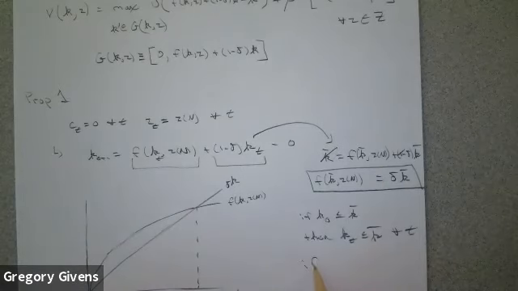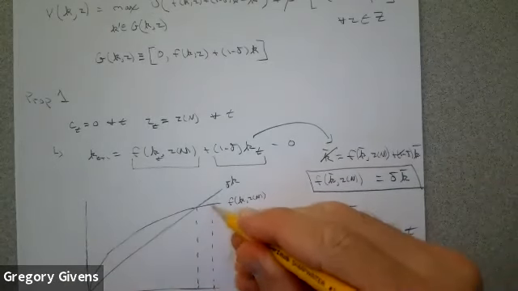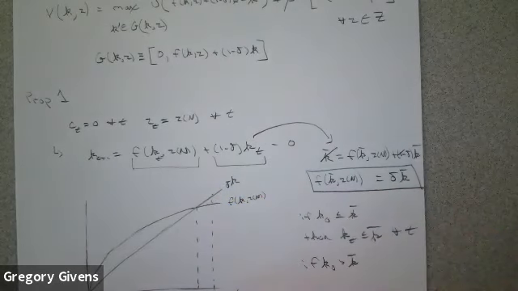But what happens if initial capital is actually bigger than K bar? If initial capital is way over here, then depreciation will be bigger than output and the capital stock will decline, correct? And so if K0 is bigger than K bar, then what that means is that KT will be less than or equal to K0 for all T.